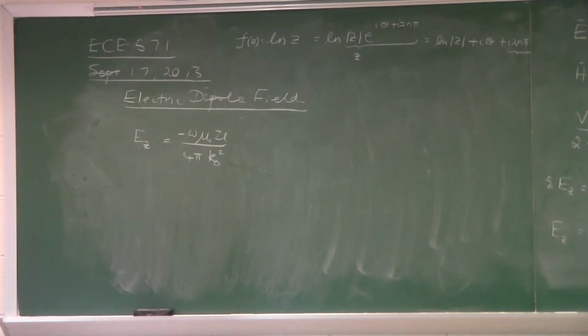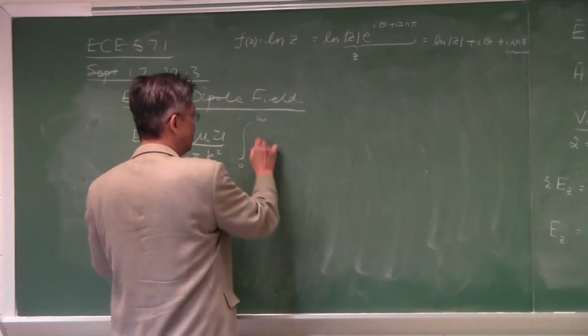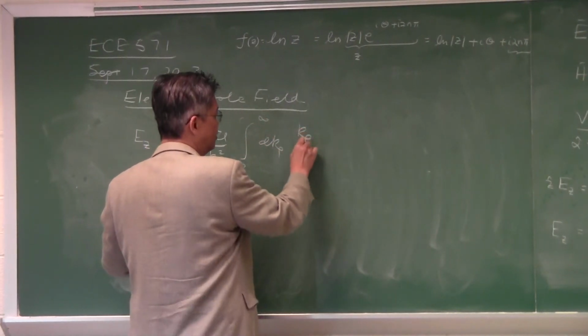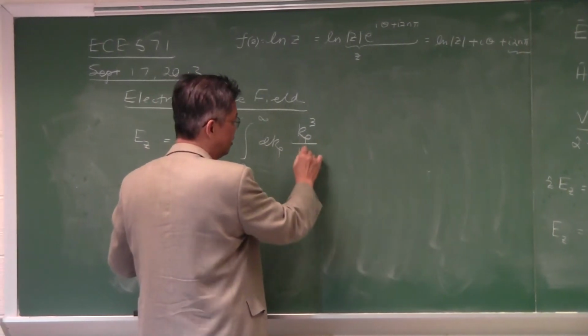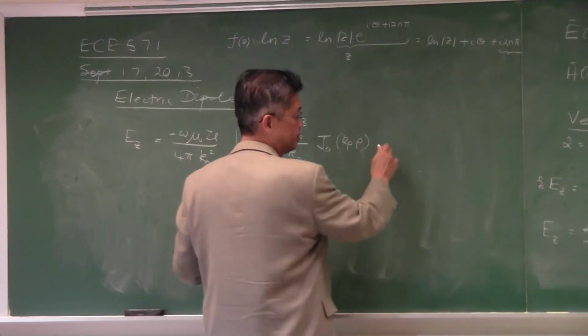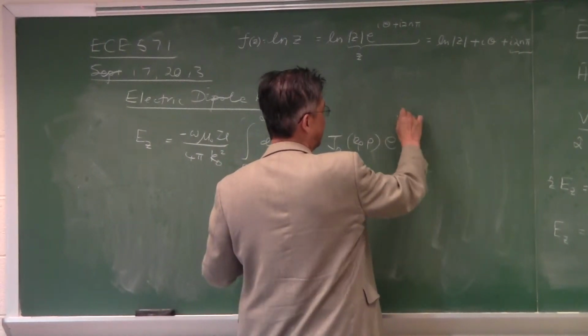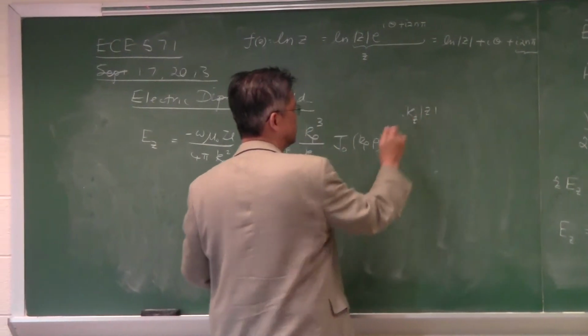K rho squared. So I can actually consolidate everything and write this as k rho cubed, I had a k rho squared coming from there, over kz, H0 of k rho rho, e to the i kz z.